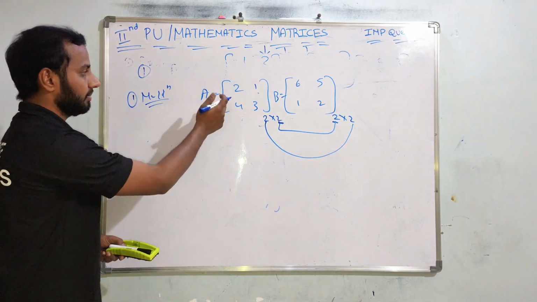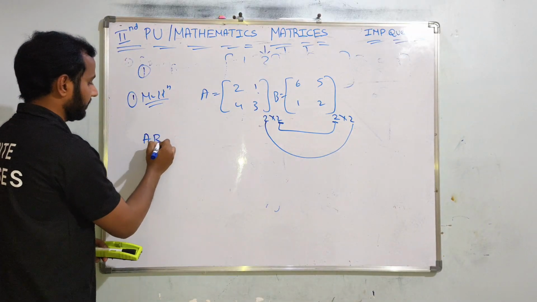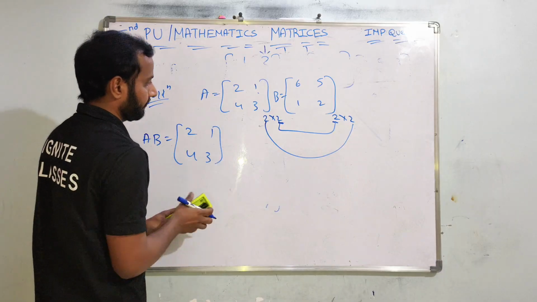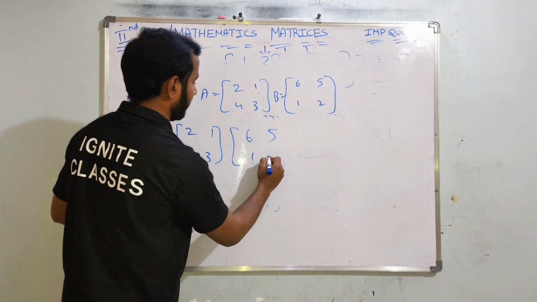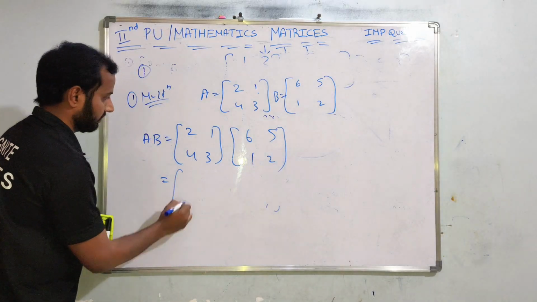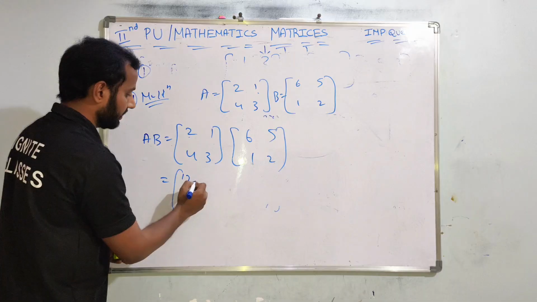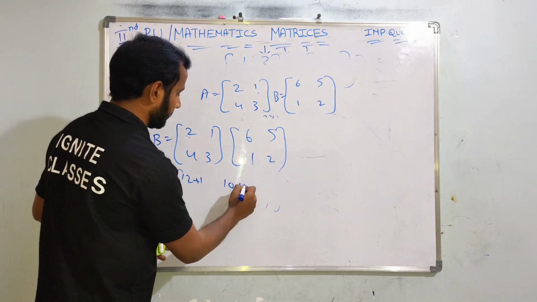Let us multiply. Multiplication will be done by first row into first column. AB is equal to [2 1; 4 3] times [6 5; 1 2]. First row with the first column: 2 into 6 is 12, 1 into 1 is 1. Next 2 into 5 is 10, 1 into 2 is 2.